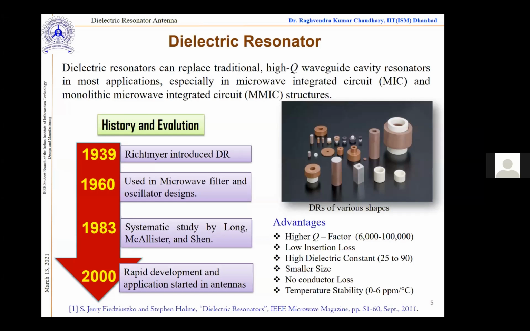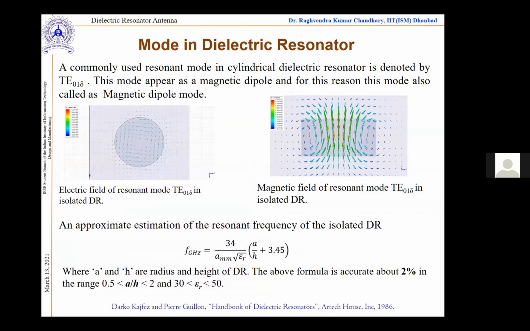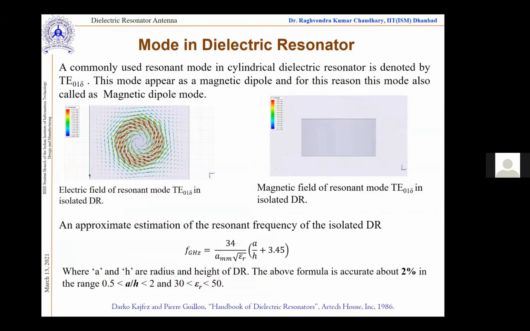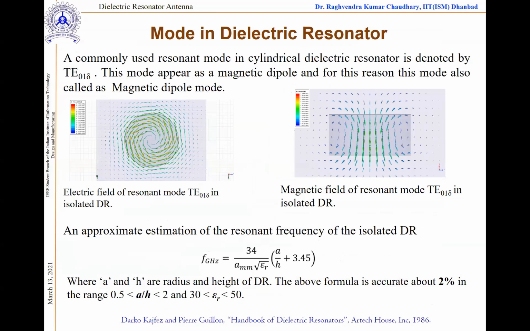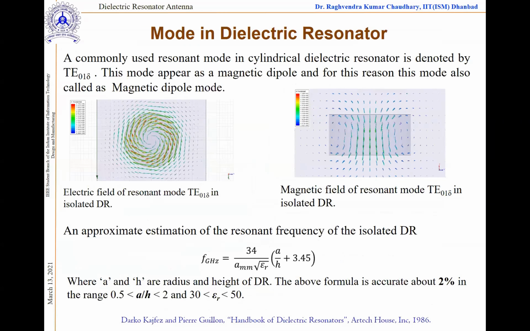These devices could be used if you are using this DR. Now we need to discuss how the DR becomes a dielectric resonator radiator. We'll talk about this, but before that, a very important thing, which is the mode in DR.